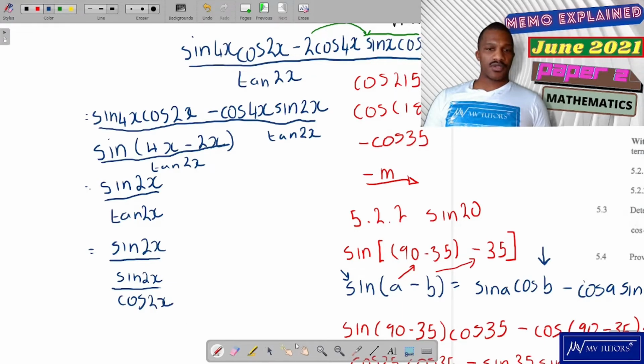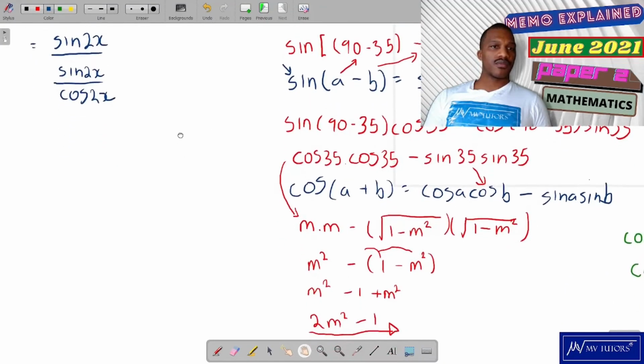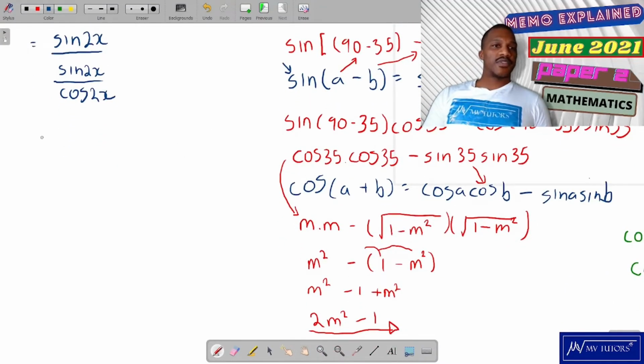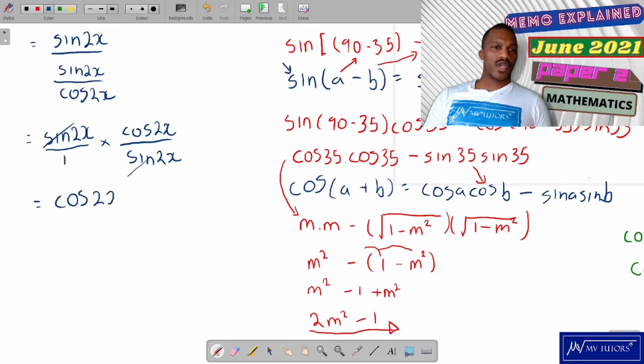Okay, and then we need to simplify that further. Sine 2x, remember, it can be divided by 1, and then if we change this into a multiplication, we do the reciprocal, which is cos 2x divided by sine 2x, and then the sine 2x's cancel each other, and you're left with cos 2x.